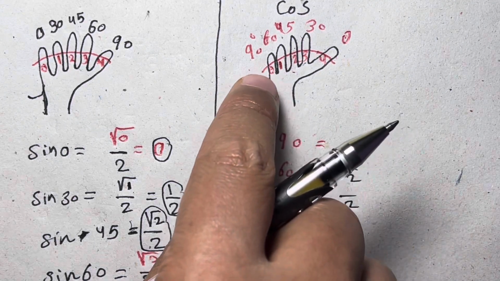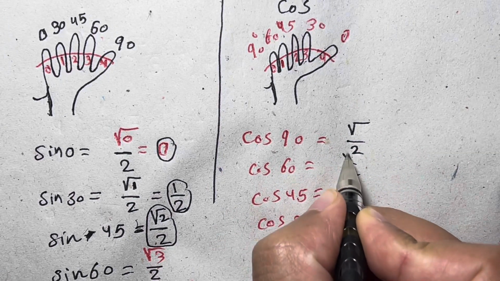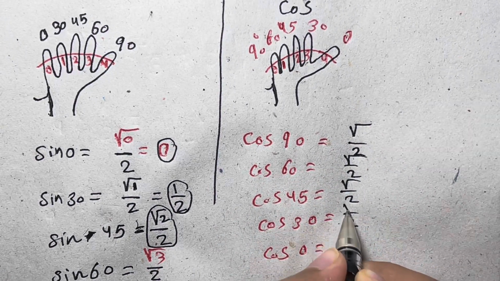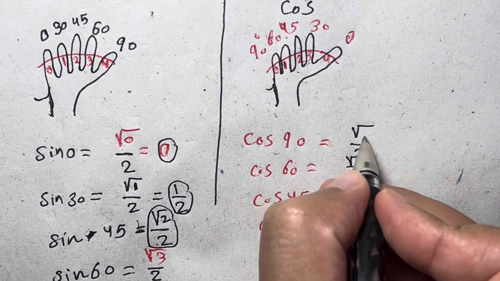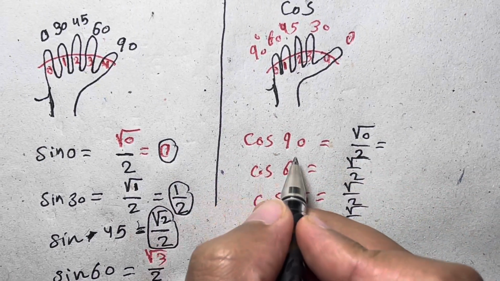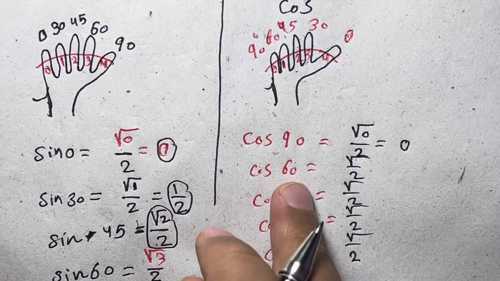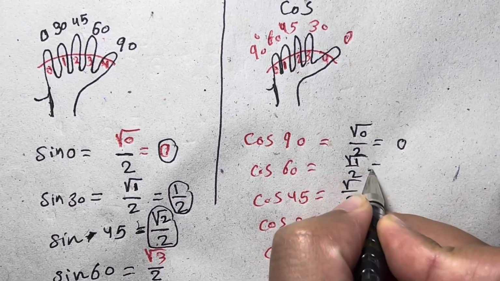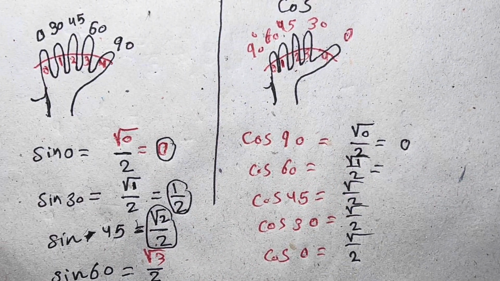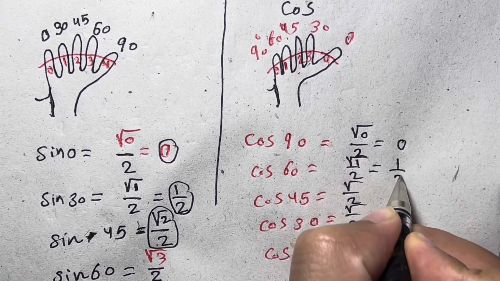For 90, you count 0, so put 0, so cosine 90 is 0. For cosine 60, it will be 1, so 1 over 2.